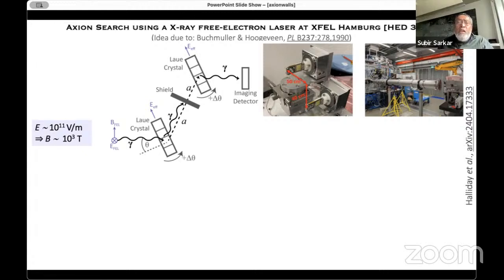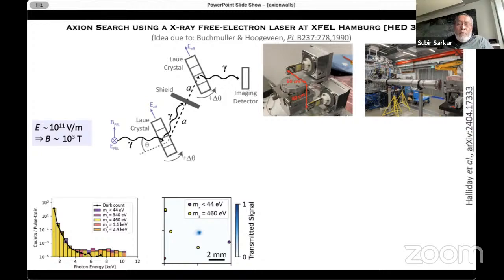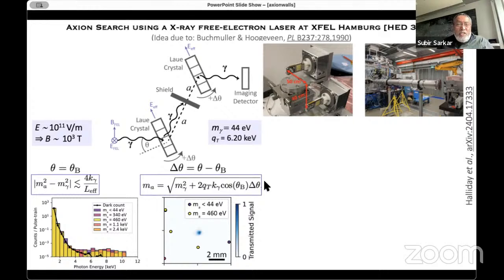This is an actual experimental setup which ran at the X-ray free electron laser in Hamburg, which is operated by DESY. It is fed by the electron beam from DESY. And you can see here that, subject to this Bragg condition that is outlined here, you would be sensitive to axion masses that obey this.